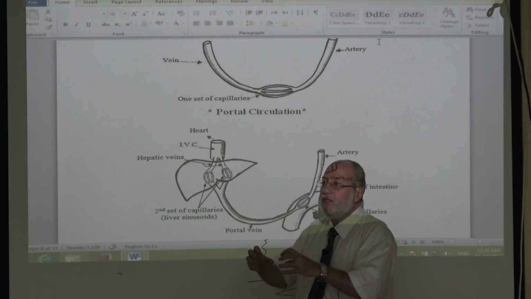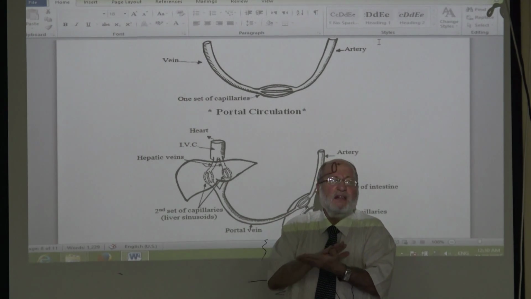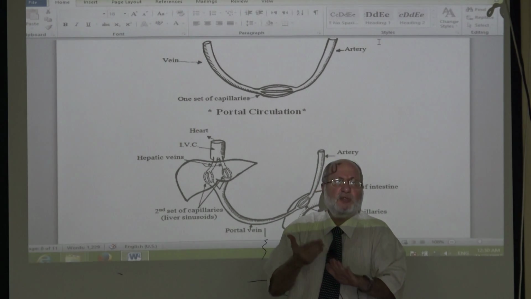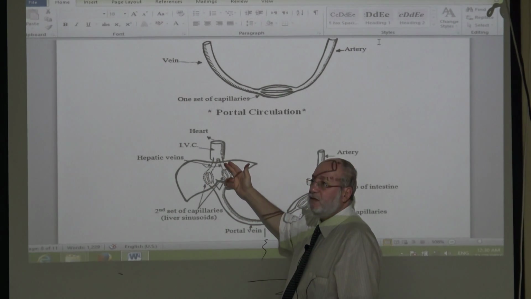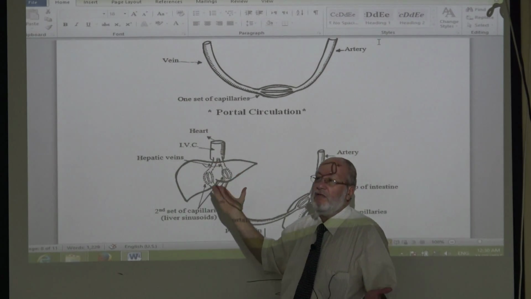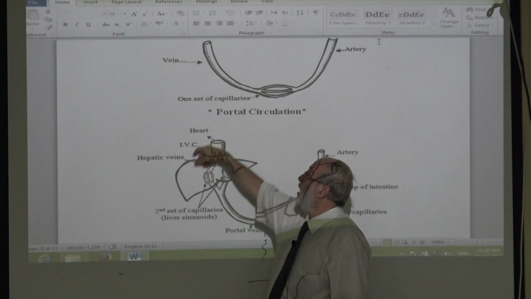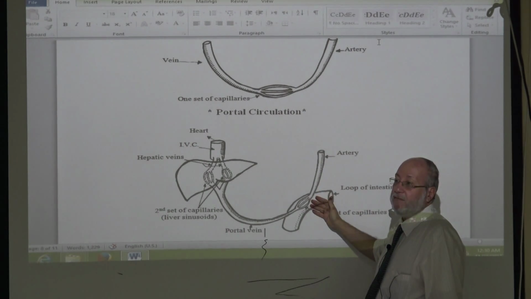From sinusoids, the blood passes to central veins as any venous return, deficient in oxygen and nutrition. Central veins are collected to form finally the hepatic veins, which drain into the inferior vena cava to the heart and repeat the cycle.